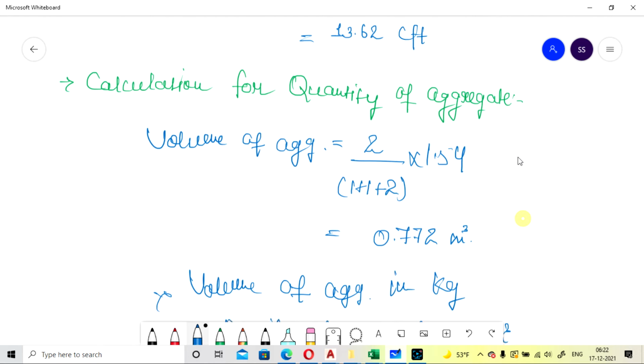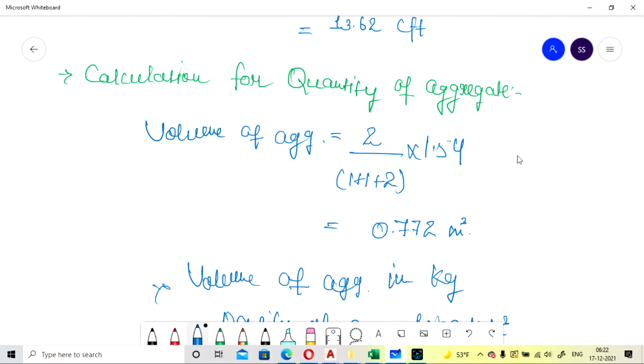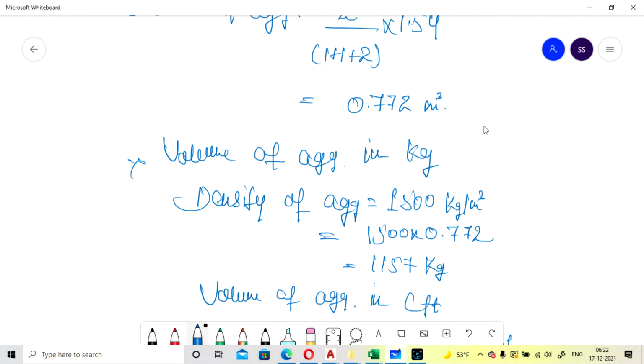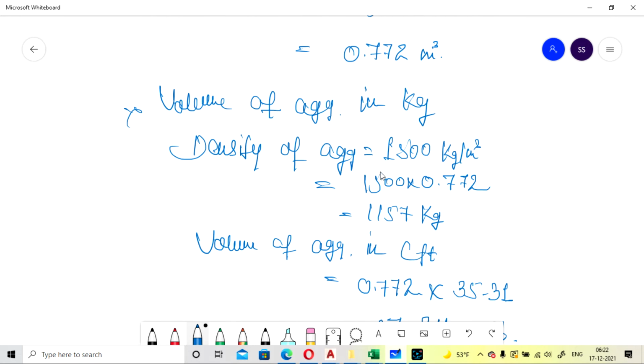Now we have to go with the calculation of the quantity of aggregate. The volume of aggregate is equal to the ratio of aggregate divided by the sum of all the ratios multiplied by our dry volume. So it will come as 0.772 m cube. Now we convert the volume of aggregate to kg. The density of aggregate also varies, and I will explain how much variation there is for fine and coarse aggregate.